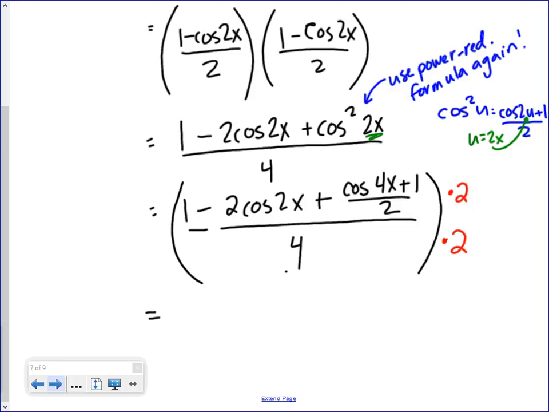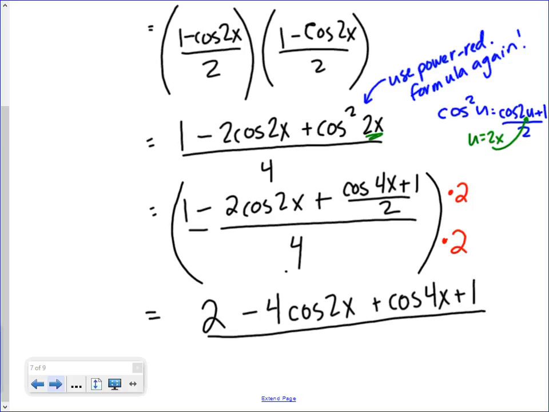2 times 1 is 2. 2 times negative 2 cosine 2x is negative 4 cosine 2x. And then 2 times this fraction is going to cancel out the denominator. So I get plus cosine 4x plus 1. And in the denominator I get 8.